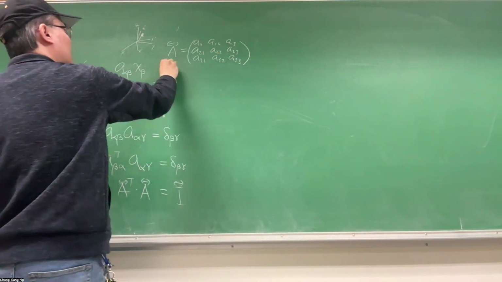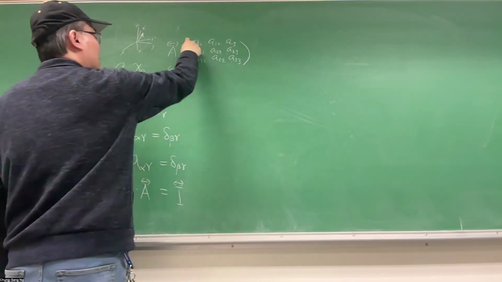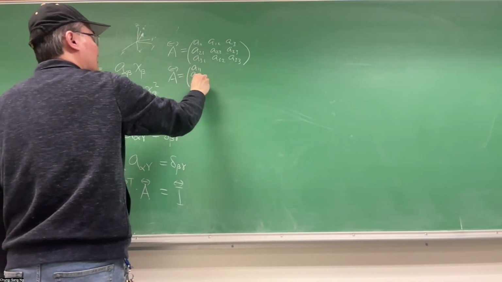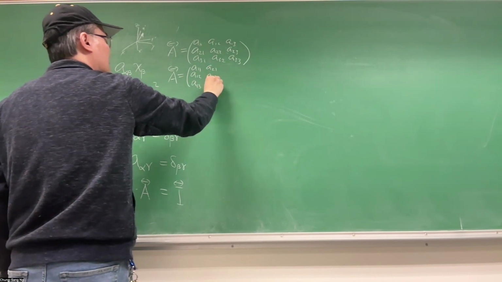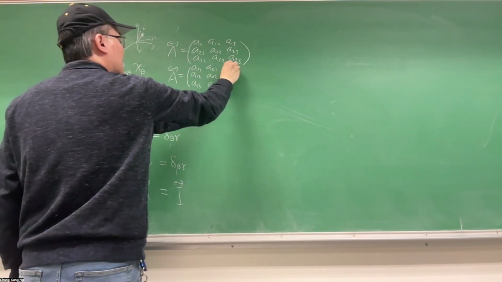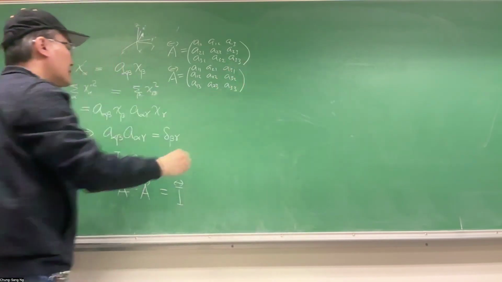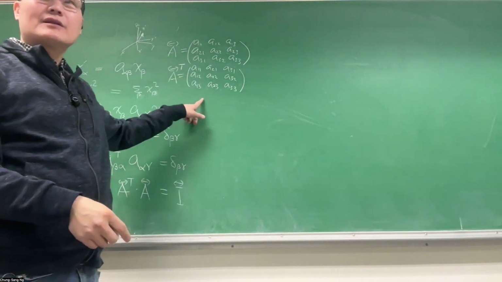The transpose will be just interchanging row and column, so this row becomes a column. Okay, this is a transpose. The transpose will be like that.